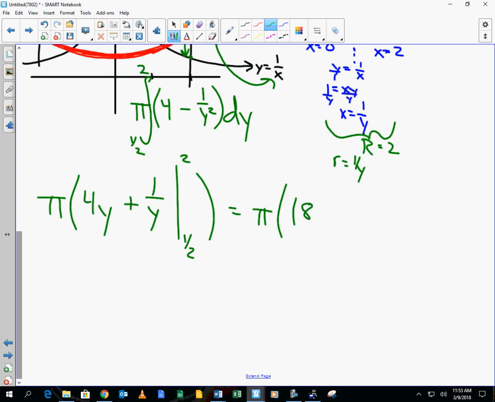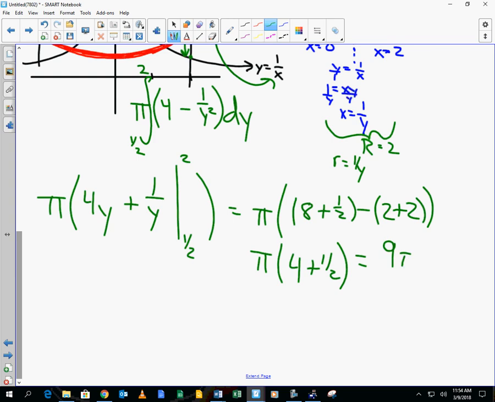Oh, and I get 8 plus, what is 1 over 2? Oh, yeah, it's just 1/2, right? Then minus, sorry, I was jumping ahead. Then we plug in 1/2, we get 2. Plus, what's 1 over 1/2? That's 2. So it looks like you're going to have 8 minus 4, which is 4, plus 1/2. What's 4 plus 1/2? 4.5 or 9/2. So 9 pi over 2.